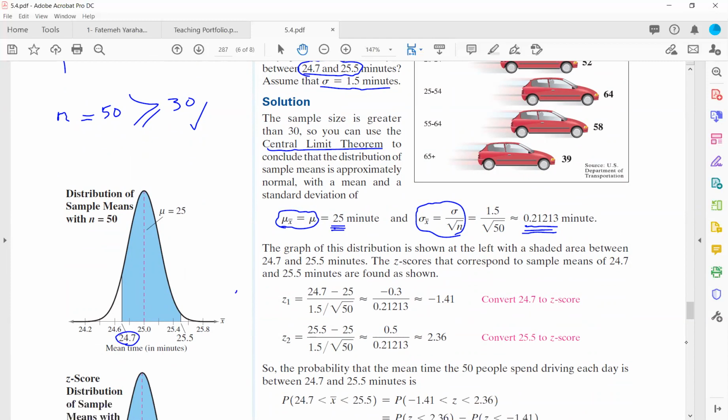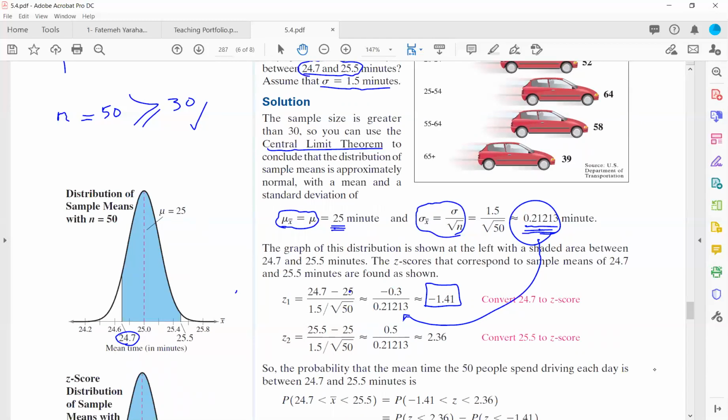We know that z is equal to x minus the mean divided by the standard deviation. X is 24.7 minus the mean, which is 25, divided by the standard deviation. You can calculate the standard deviation here and write it in the denominator. Your first z value is negative 1.41.